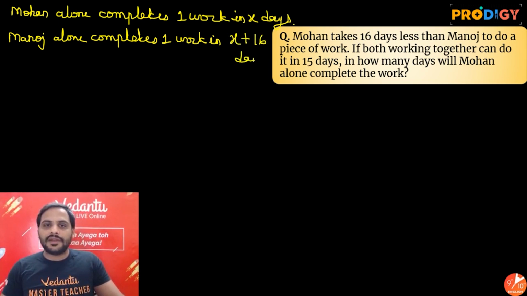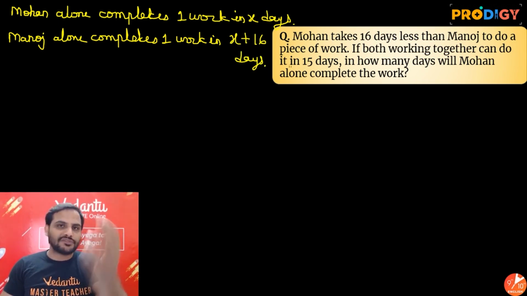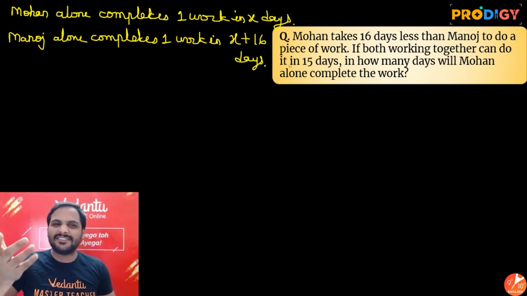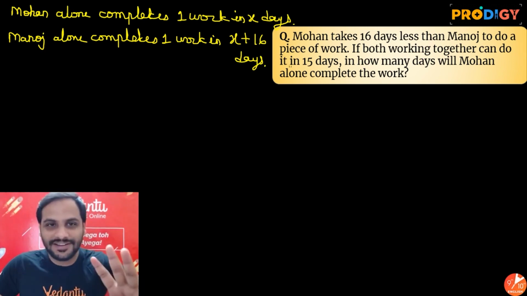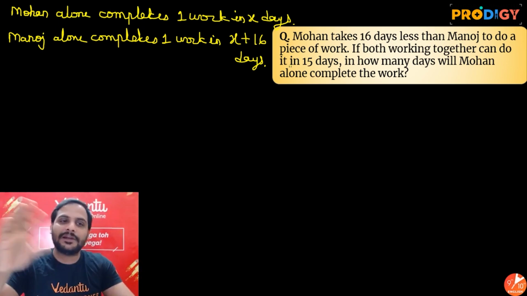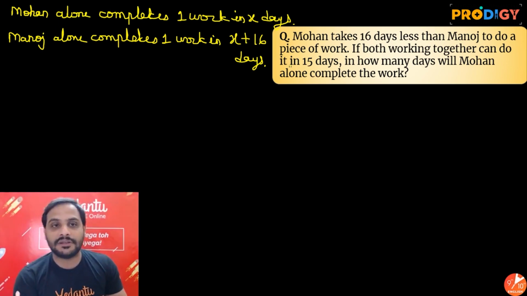Guys, it is very important. देखो, अब some of you might tell me कि sir, I have taken Manoj as x. So will my answer be wrong? No, it will not be wrong. At the end, the number of days Mohan and Manoj complete the work in will be the same.